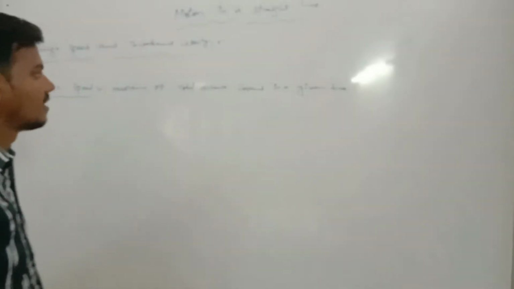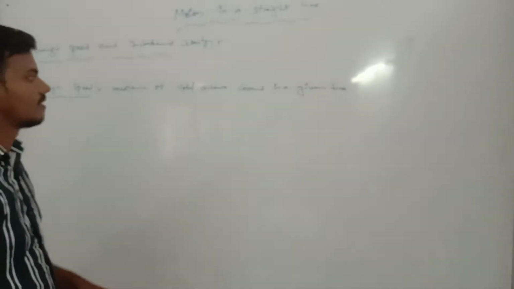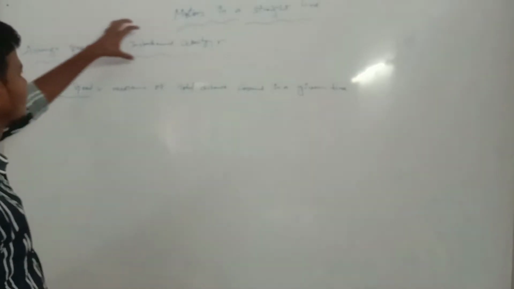This is the definition of average speed. Again, when we are choosing instantaneous velocity or average speed or average velocity, how can we manage it?